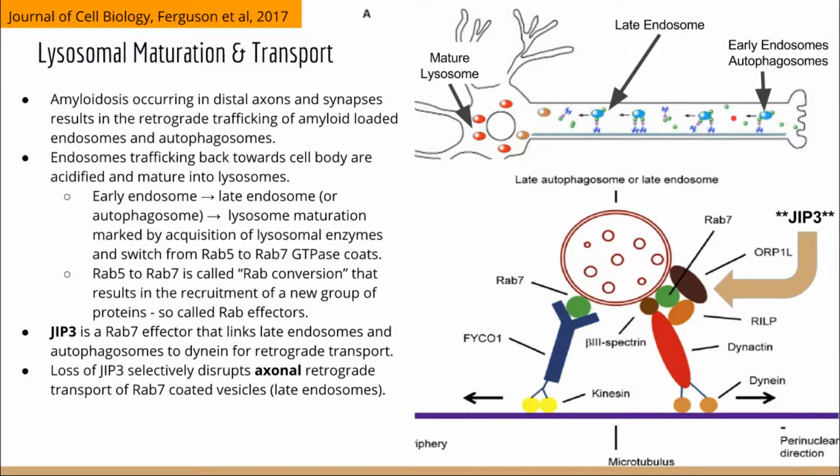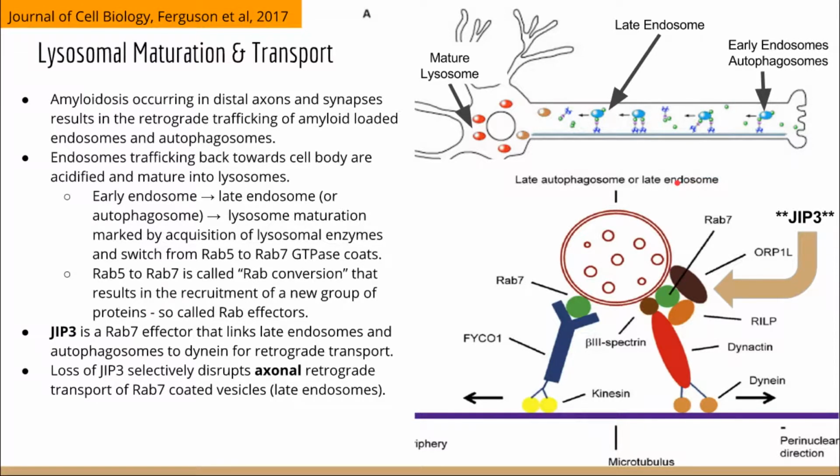As these organelles are retrogradely transported towards the cell body by dynein, they are acidified, and they slowly morph into lysosomes, or sometimes they simply merge with a preformed somal lysosome. So you have this maturation process by which an early endosome or an axonally derived autophagosome acidifies into a late endosome and then a lysosome.